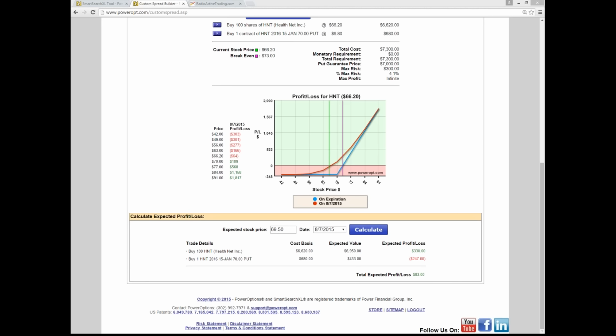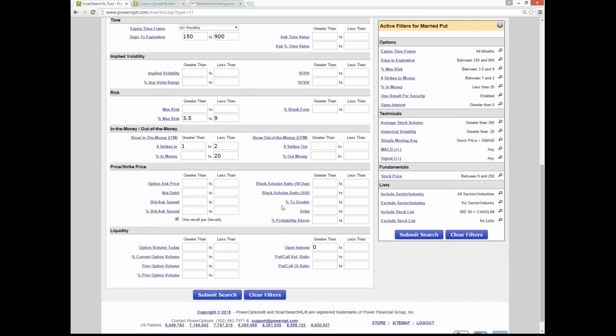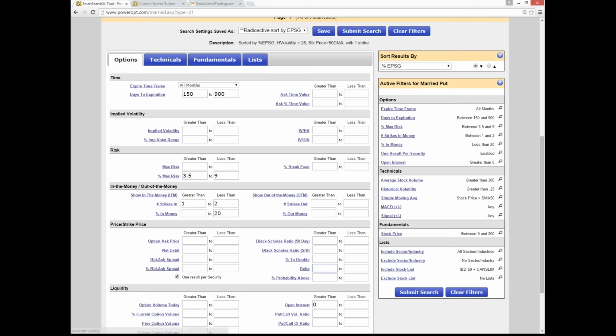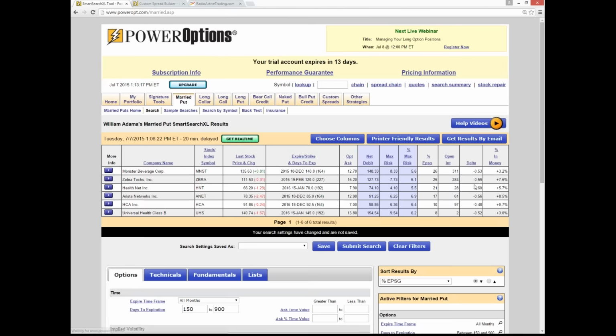Okay, but the key is when we run that search we looked at earlier here, I can screen by delta, but I'm not. If you look for positions and you keep your risk within the rules of the blueprint, the full product describes RadioActive Trading, and you keep your risk in your range of what you want, be 3.5 to 7%. Well, here's the positions that match our criteria.